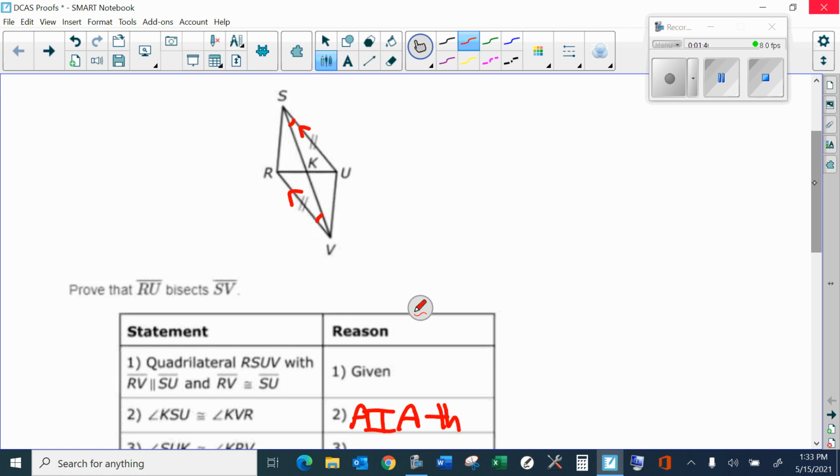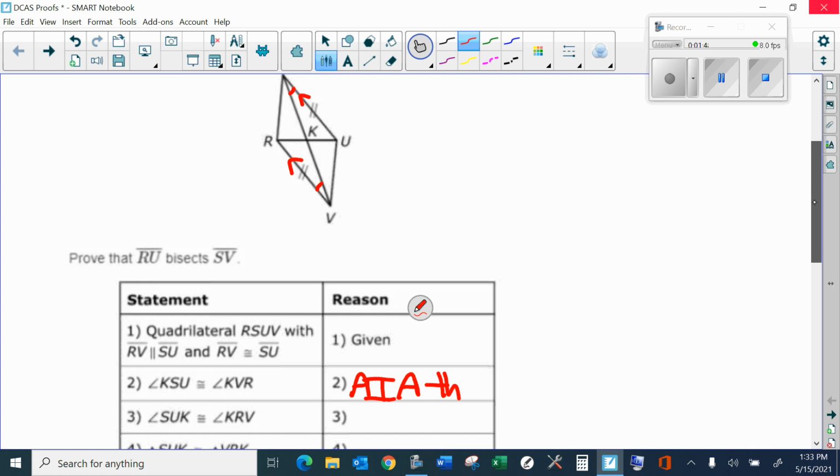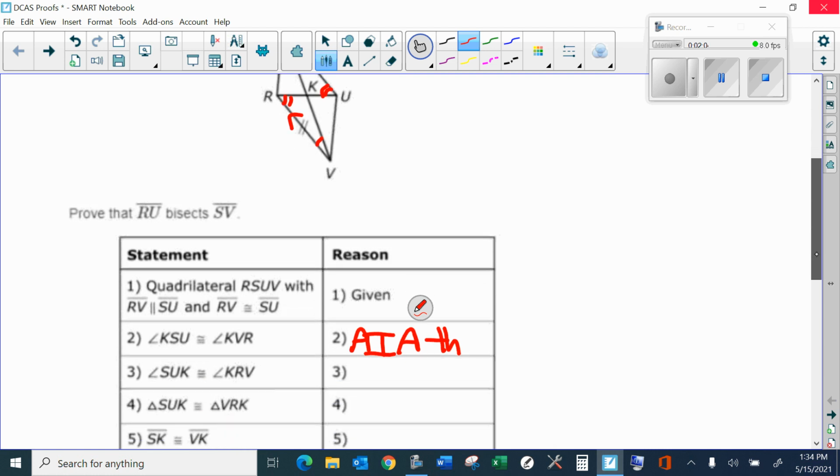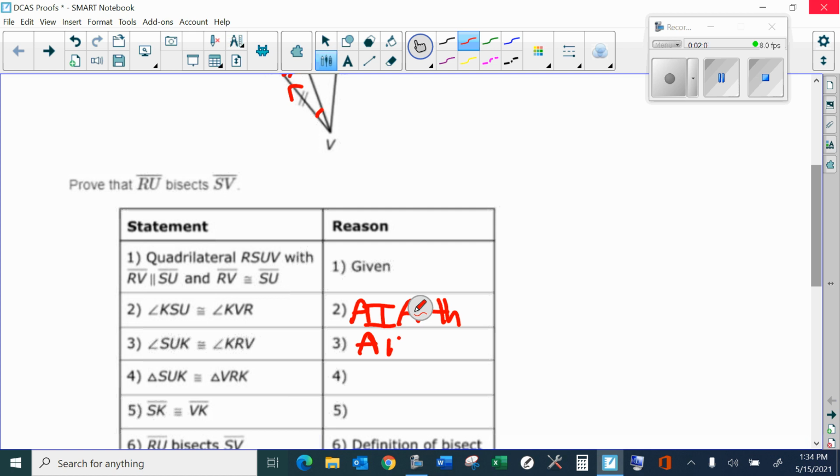Okay, that's the most popular one, as I've told you. SUK is congruent to, it's going to be this one right here, by the exact same thing. We have parallel lines cut by a transversal, therefore alternate interior angles are equal. AIA theorem. Remember, they're going to write the whole thing out.